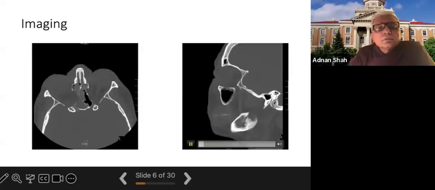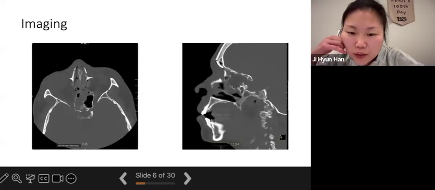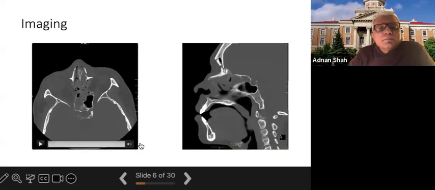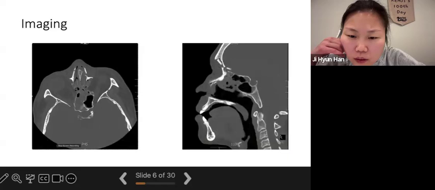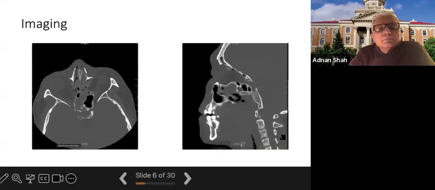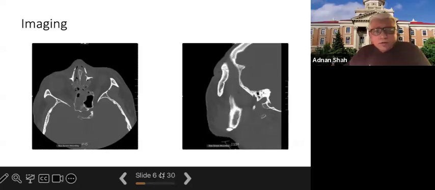See this one too? But you just want me to focus on the frontal sinus? Yeah, whatever the fractures are. It's the same patient basically. Okay. Sounds good.